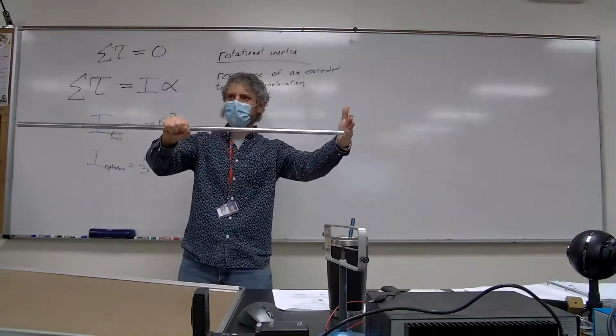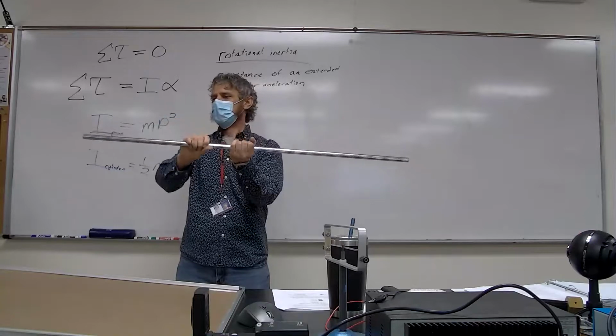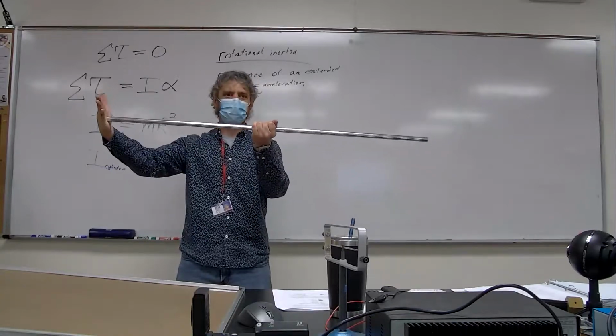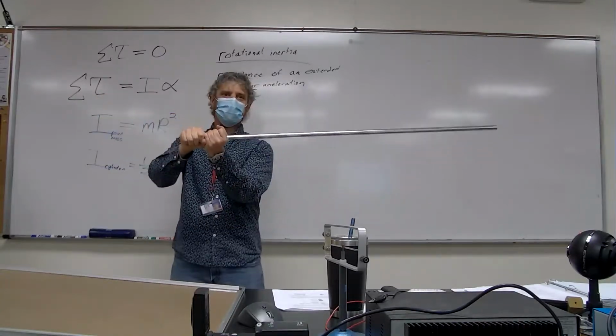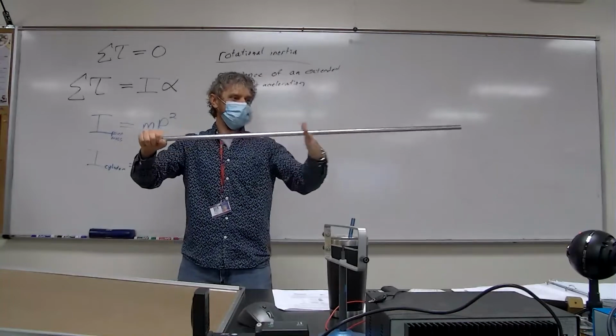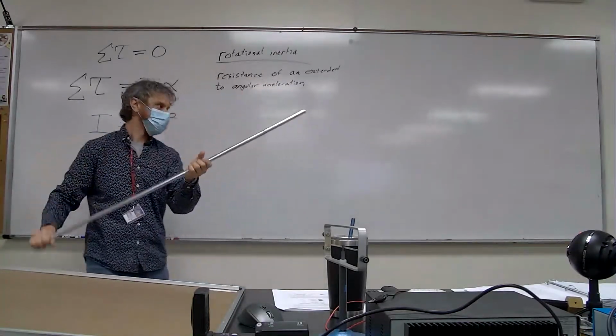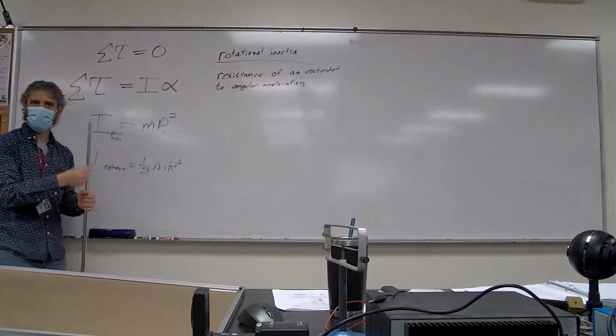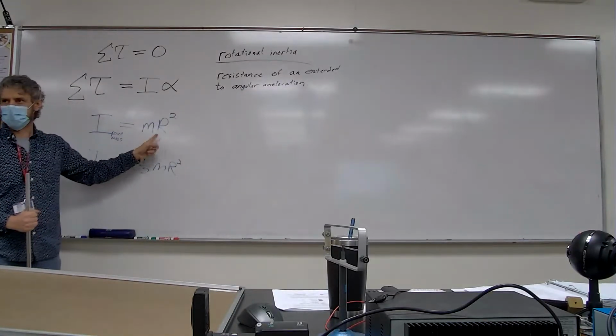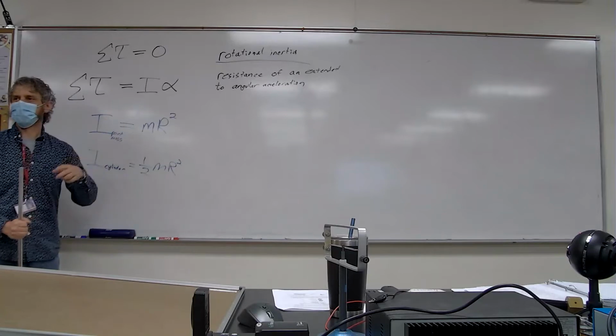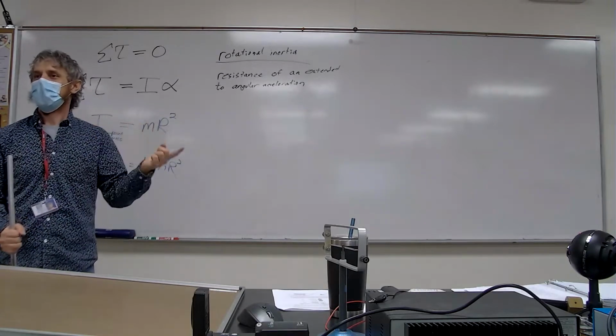The farthest away the mass gets is L over 2. The farthest away mass gets over here is L over 2. If I go like this, now from here out, that's farther than L over 2. Right? It's farther away. Mass hasn't changed, but because I've taken some of the mass and increased the R values for some of the mass, the overall rotational inertia of the object increases. And it increases quite a bit.